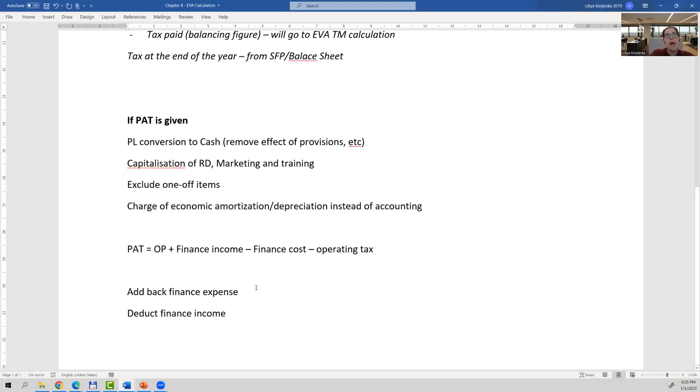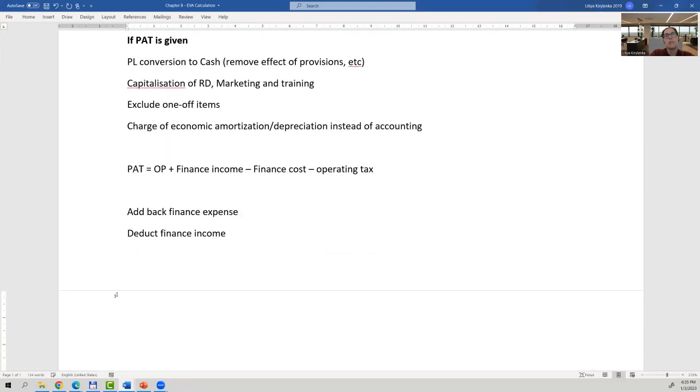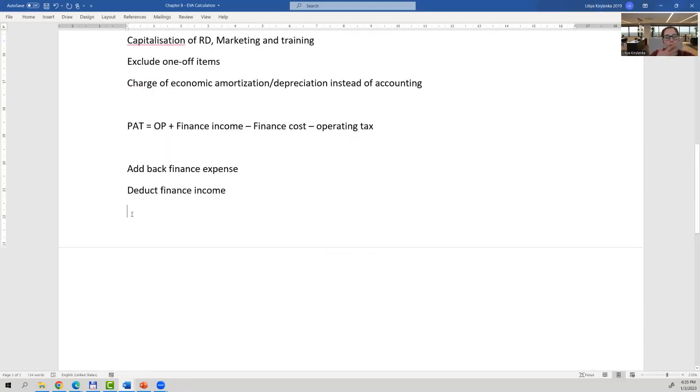And then we will need to correct the tax. Well, see, profit after tax is an accounting figure. So it takes tax that is charged to P&L. And therefore, we need to add back tax expense in P&L.